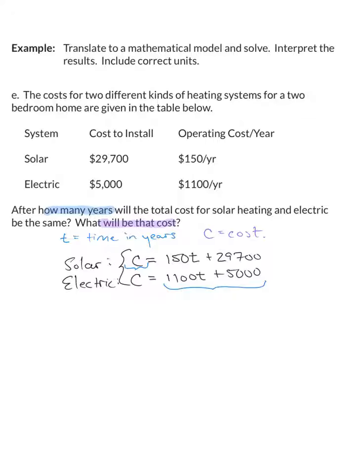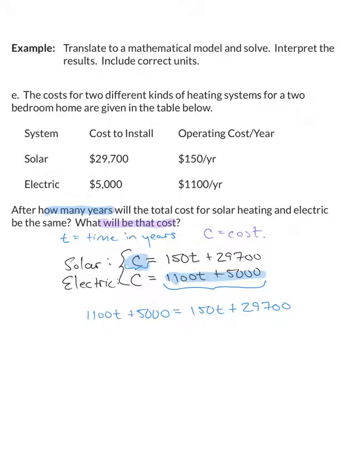So I'm going to have 1,100 T plus 5,000 equals 150 T plus 29,700. Does everyone see how I got that? So I took this and plugged it in up here.